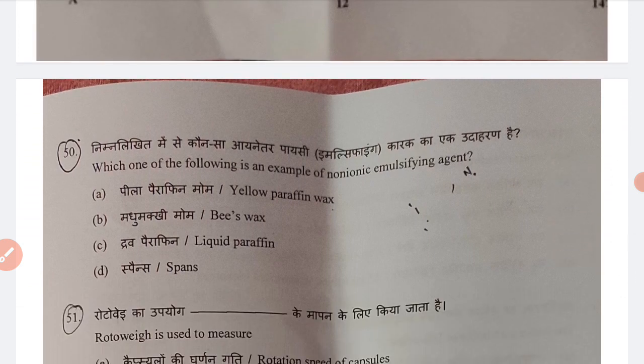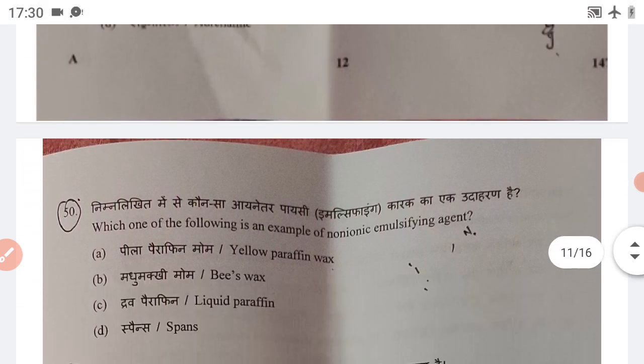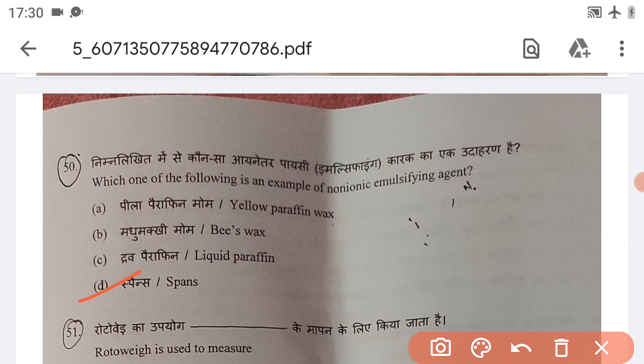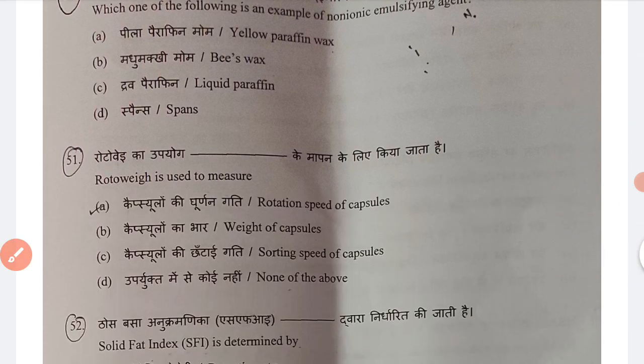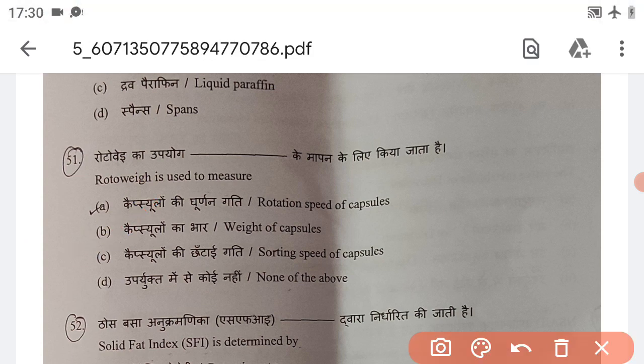Next, which of the following is an example of a non-ionic emulsifying agent? Span and tween are both examples of non-ionic. Next, the Roche weight used to measure, the answer is weight of capsule.